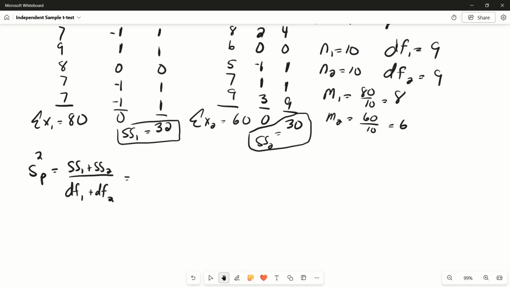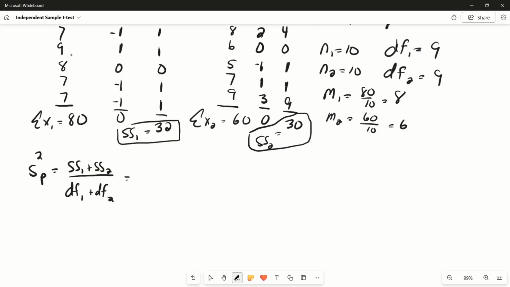If you have one sample that's bigger than the other in the two sample test, it weights each column depending on the sample size. Here we have the same sample size, so it's basically a straight average between these two groups. But if they have unequal sample sizes, it's going to weight the bigger sample more than the smaller sample.